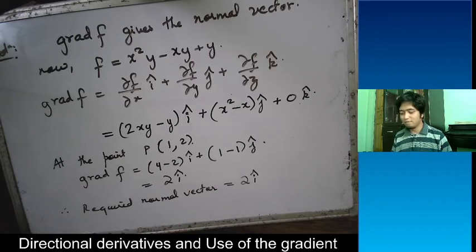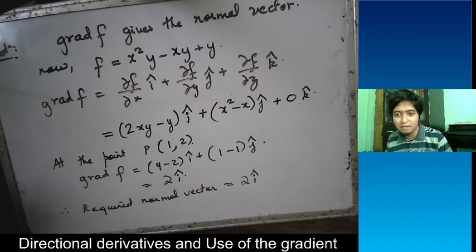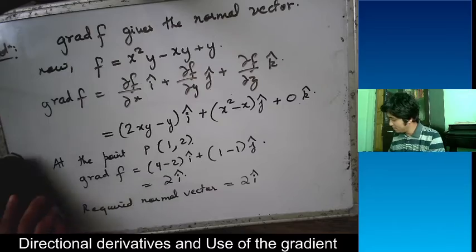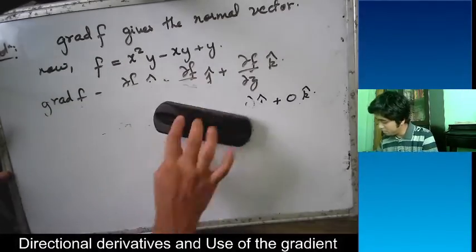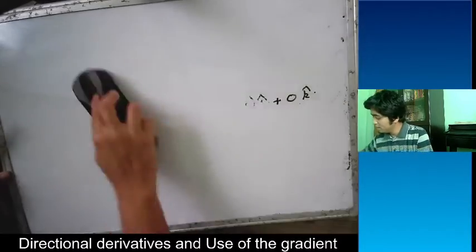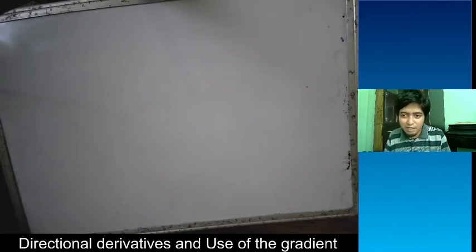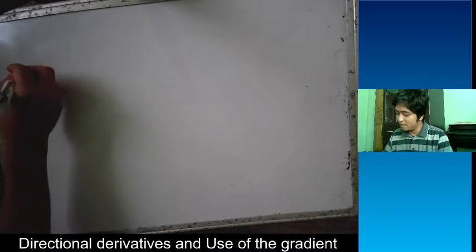Okay, so this is a very important exercise and a very important theorem indeed, that the gradient gives the normal vector. So now let us do another exercise, or another application of the gradient. Okay, I will state it here.